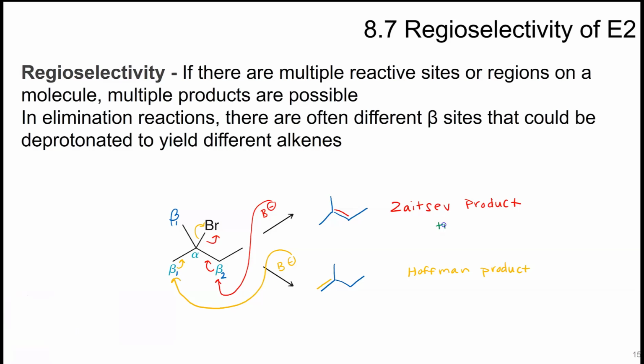This is a tri-substituted alkene. This is di-substituted. This has 3 groups coming off of it. This has only 2. This is the more stable product.